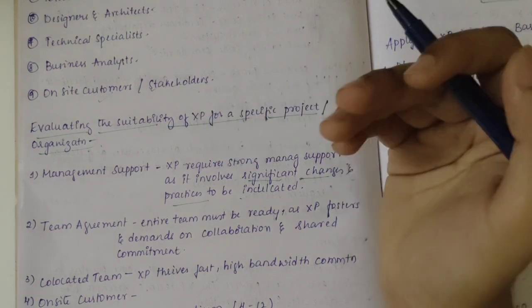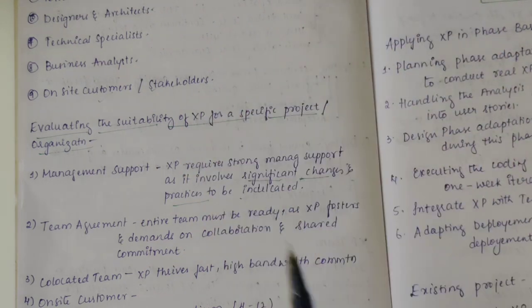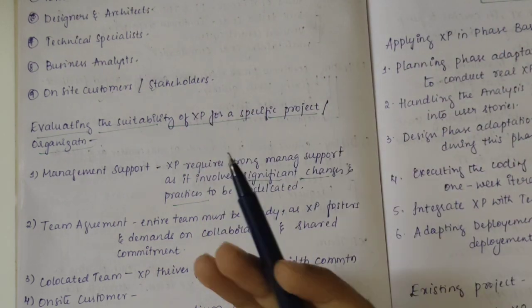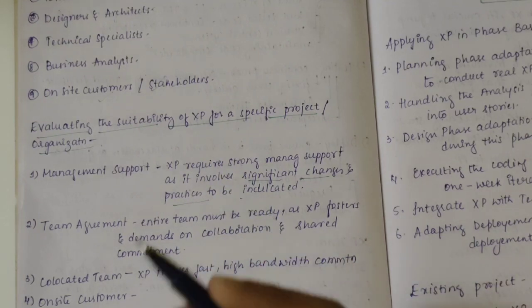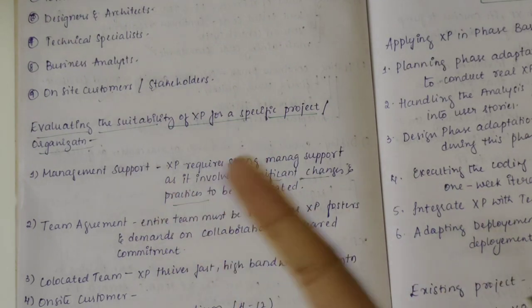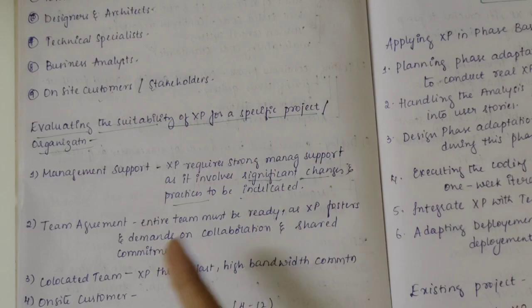For implementing XP in our team, I should make sure that the management is also supporting me, right? If management values quick delivery and customer satisfaction, then we can make use of XP at that point. Customer involvement is again an XP feature, right? So management support is pretty important.